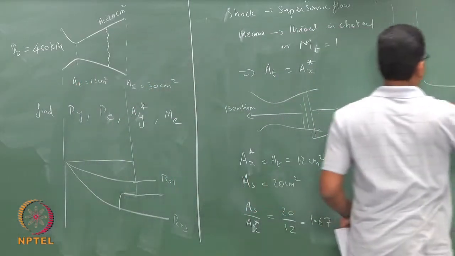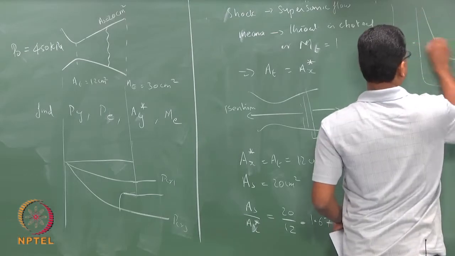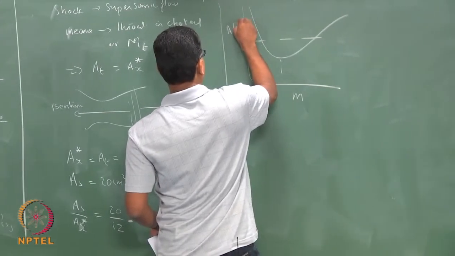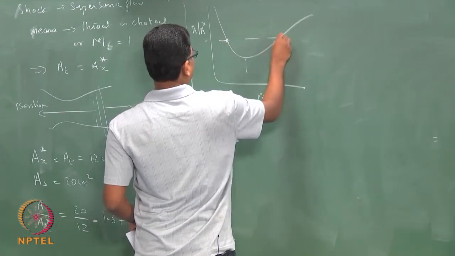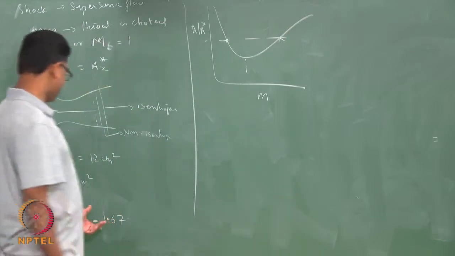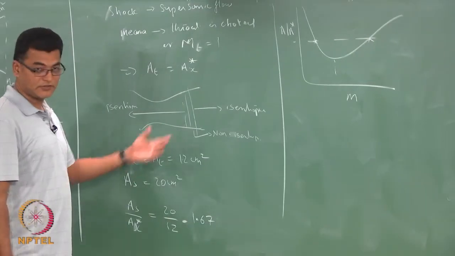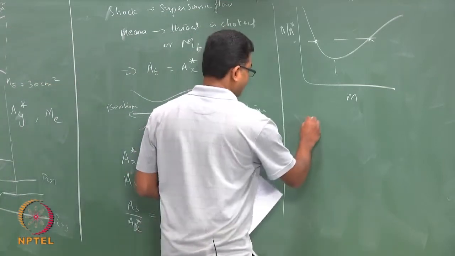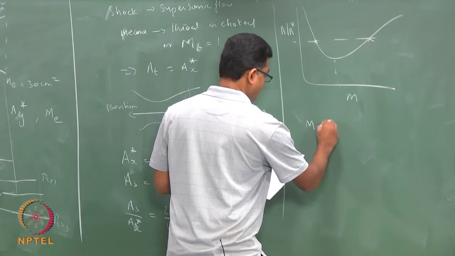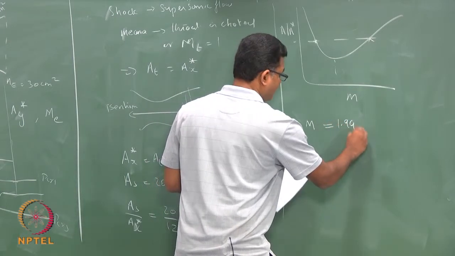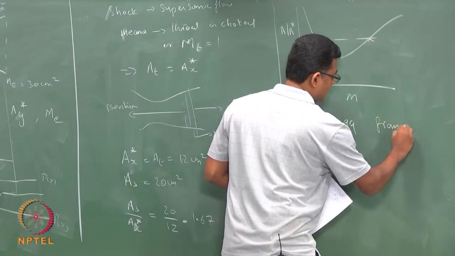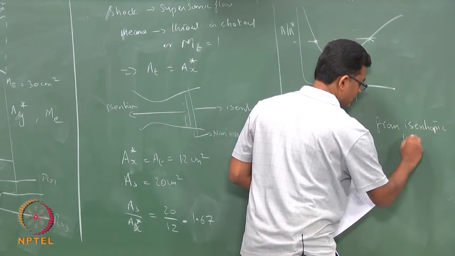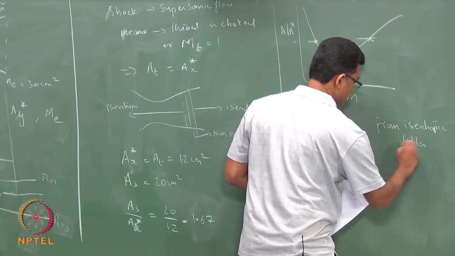This, as we know, is going to give me two Mach numbers. I will take a supersonic Mach number because the flow is now supersonic, it is choked. So, the Mach number associated with this is 1.99 from the isentropic tables. Okay.